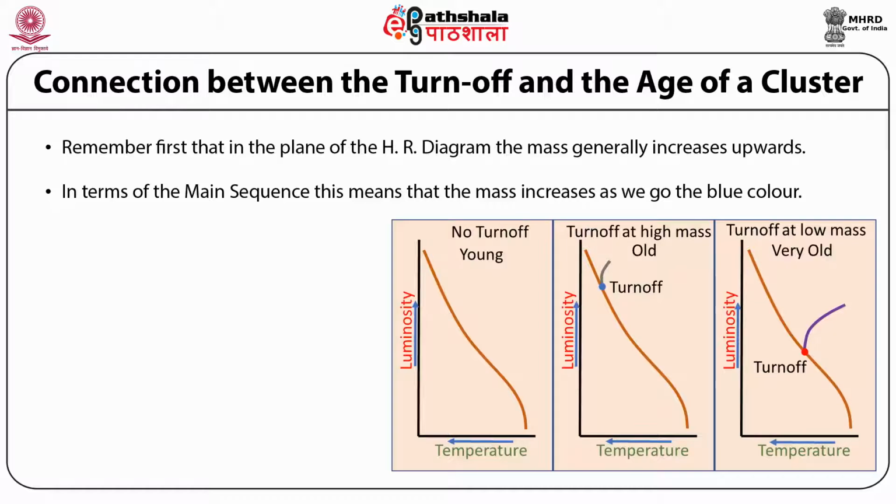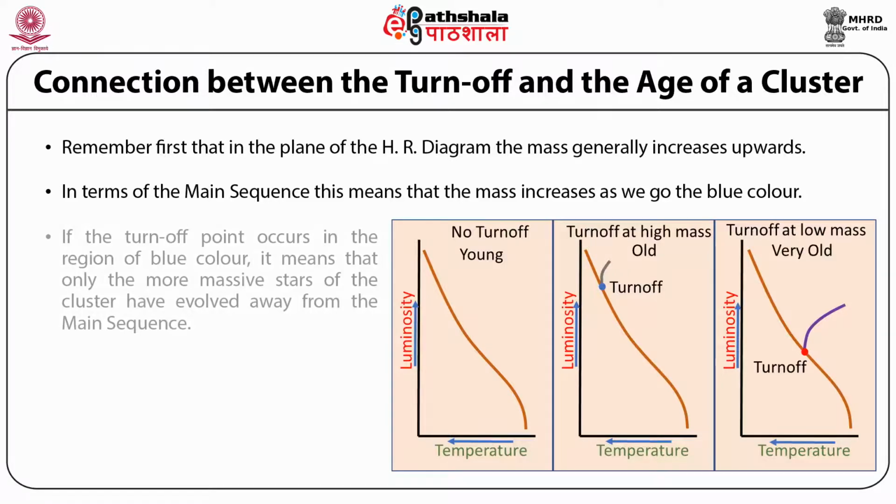So the turnoff points indicate essentially the masses of the stars which have started evolving away from the main sequence. If the turnoff point occurs in the region of blue color, it means that only the more massive stars of the cluster have evolved away from the main sequence.